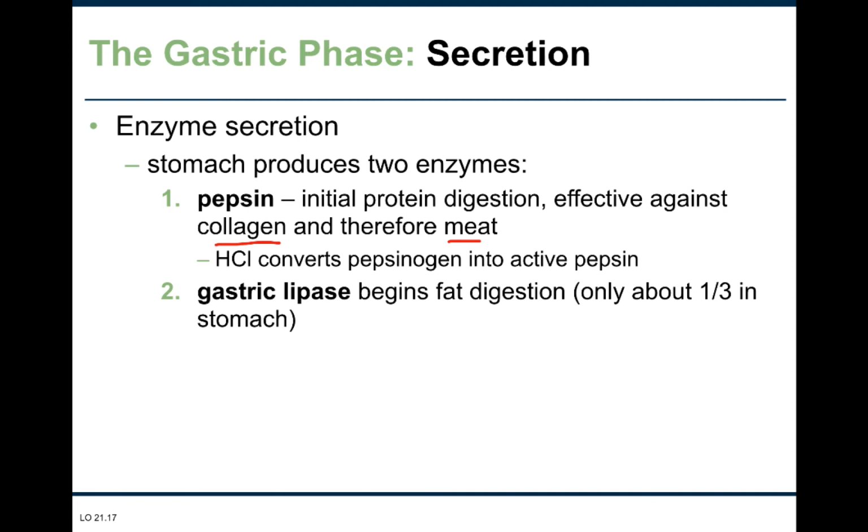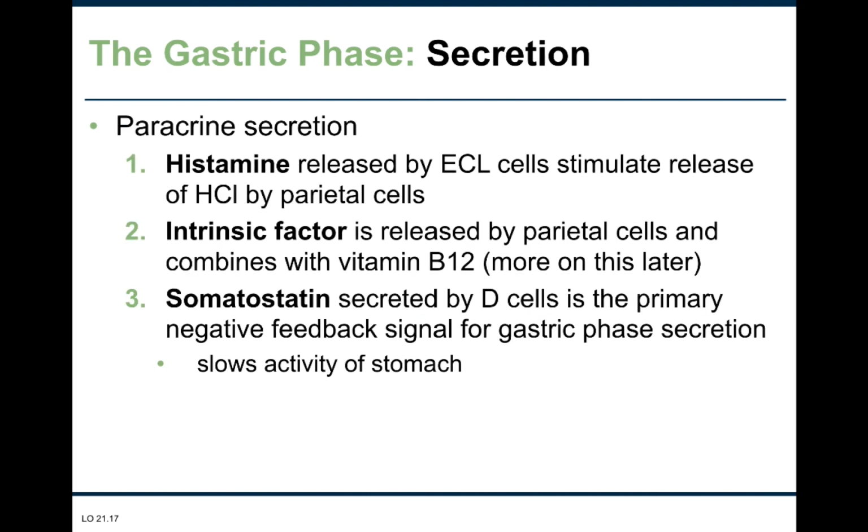Gastric lipase, which we haven't talked about it being released from. There is a little bit of lipase that's being produced in the stomach, and it's starting that fat digestion, but really there's, again, minimal lipid digestion that's occurring in the stomach. Most of it occurs in the small intestine. Okay.